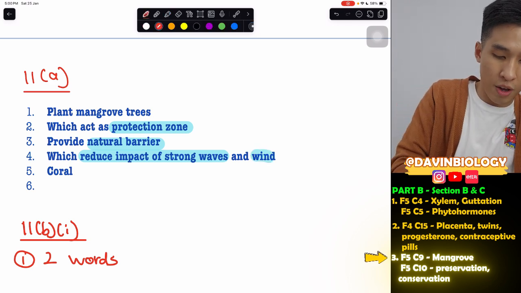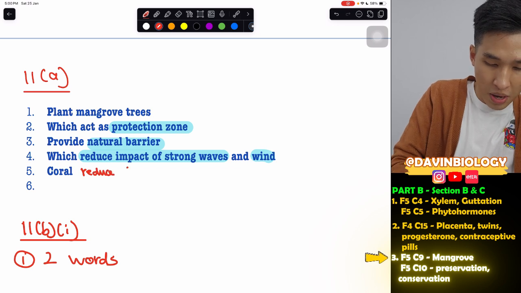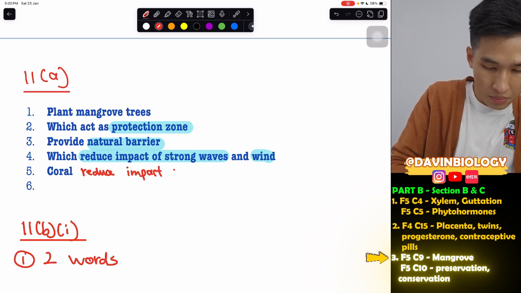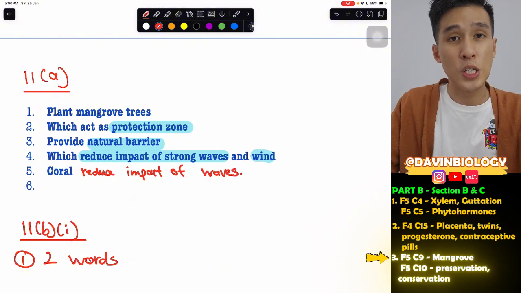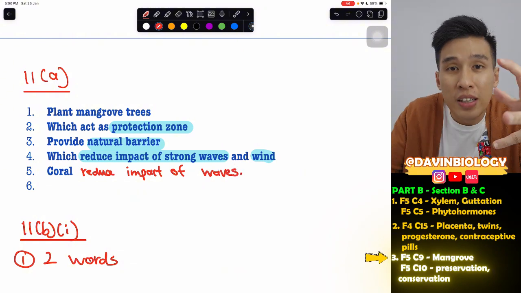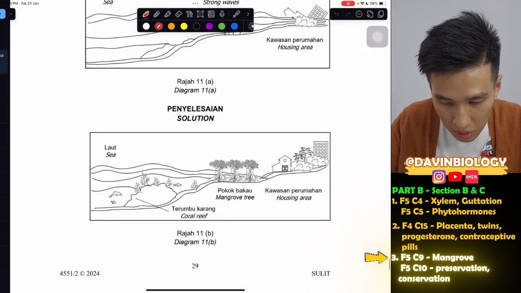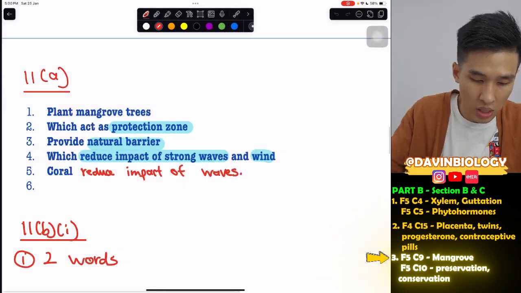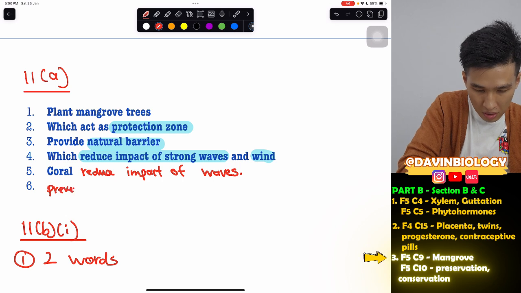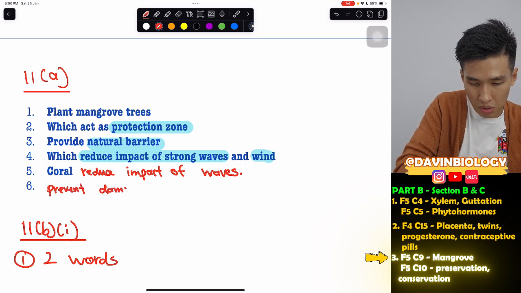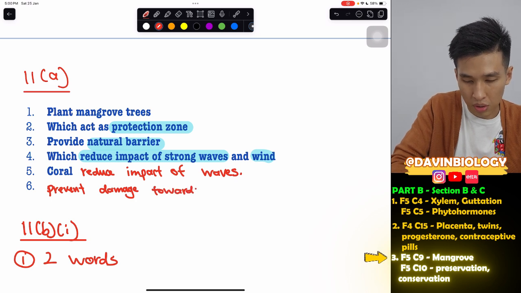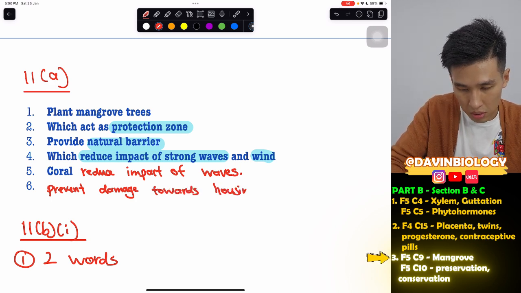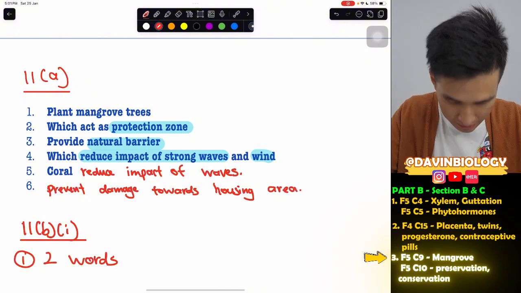Coral also can help reduce the impact of waves. So therefore, protecting the housing area. So you can say therefore preventing damage, protecting the housing area. Next.